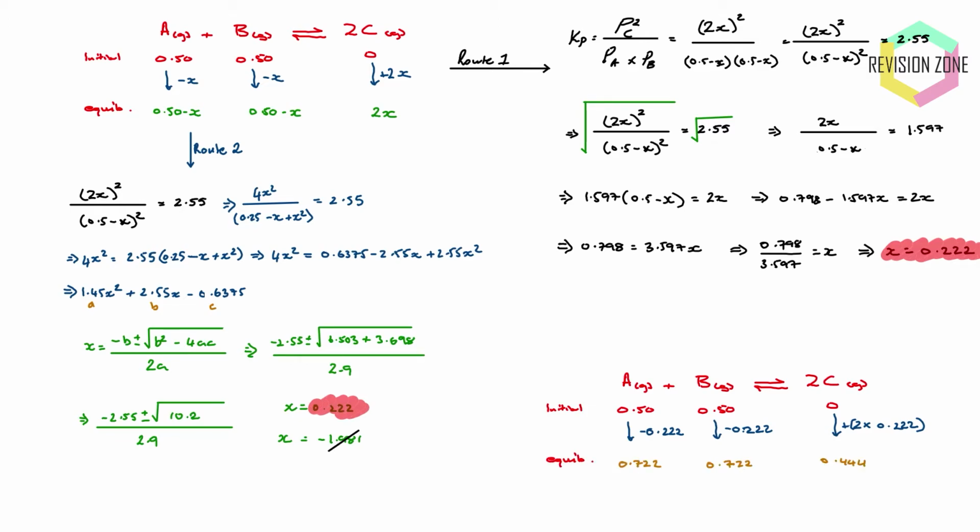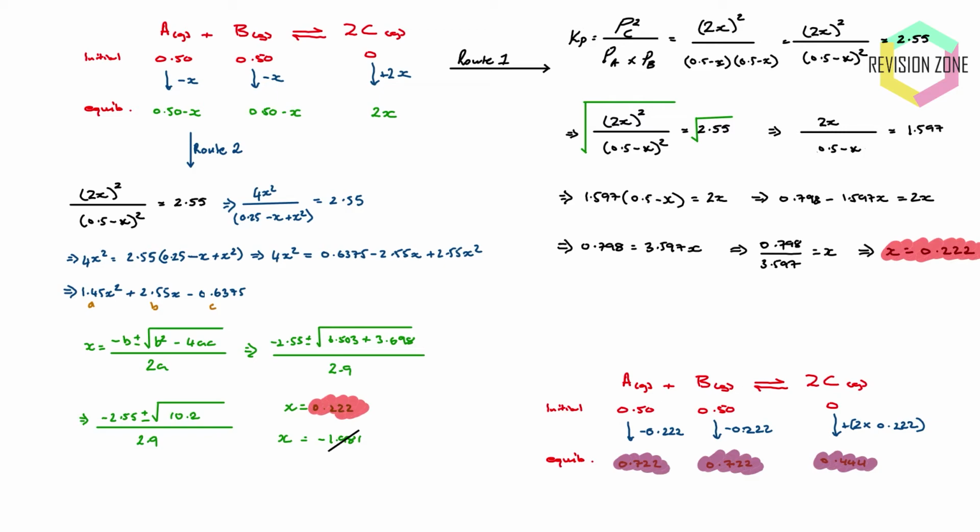Each of these would be my equilibrium moles. So if we just highlight those, there we go. 0.722 for A and B. They both started at 0.5, remember, and you're going to take away the same number of moles, whereas the number of moles of C at equilibrium will be 0.444. Again, you could quote that to two significant figures.